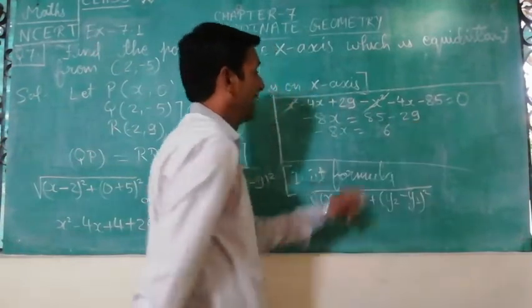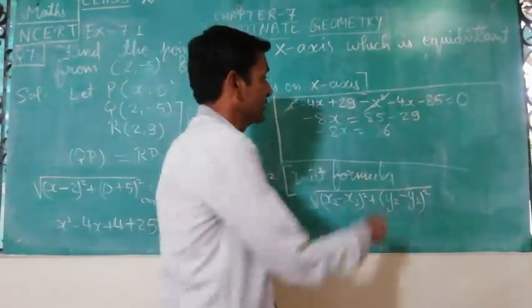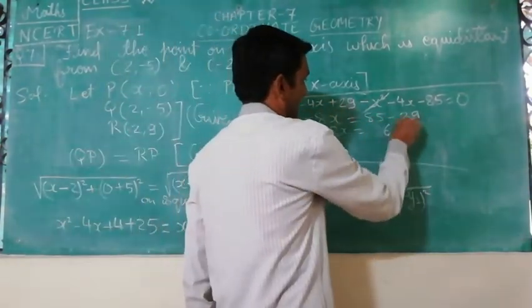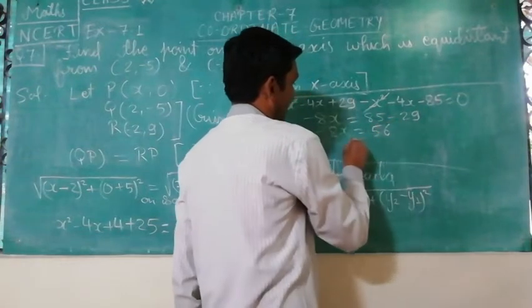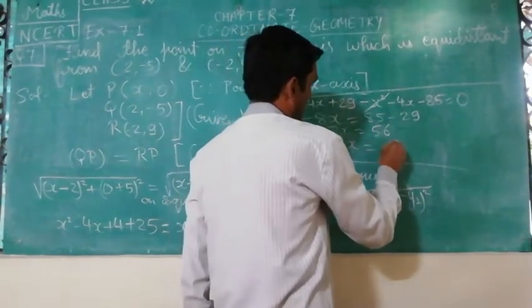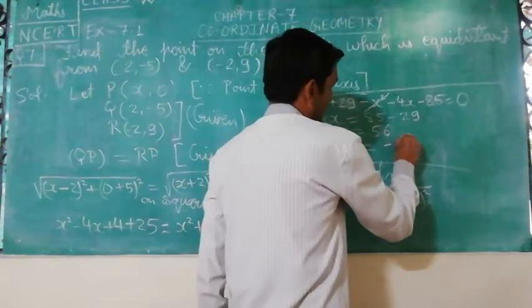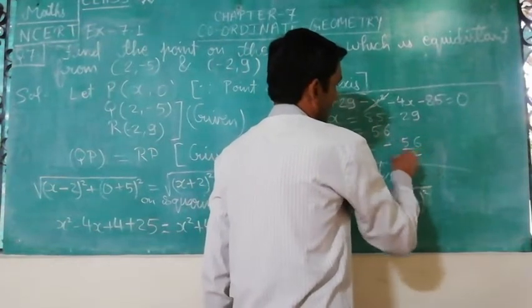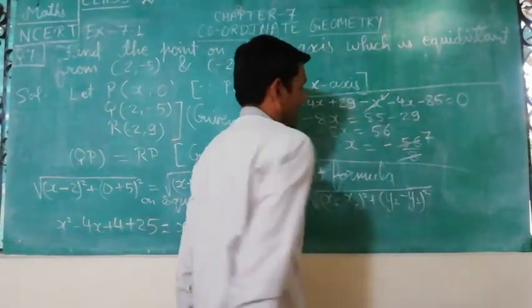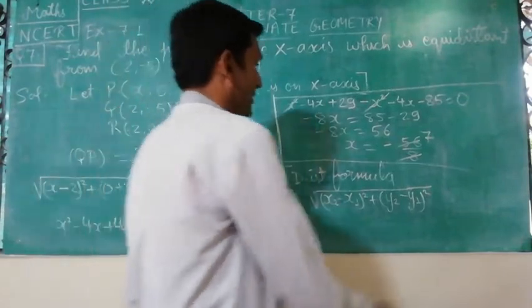So x is equal to minus 56 upon 8. So 8 sevens are 56. What are the coordinates of point P?